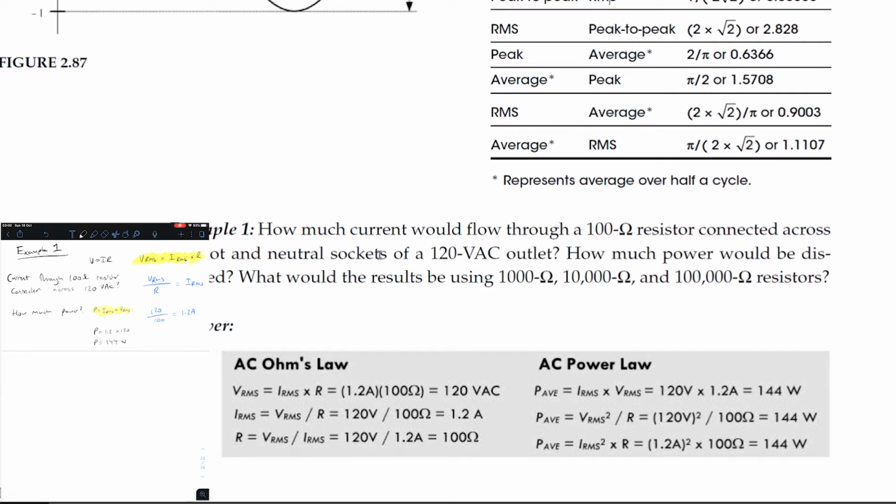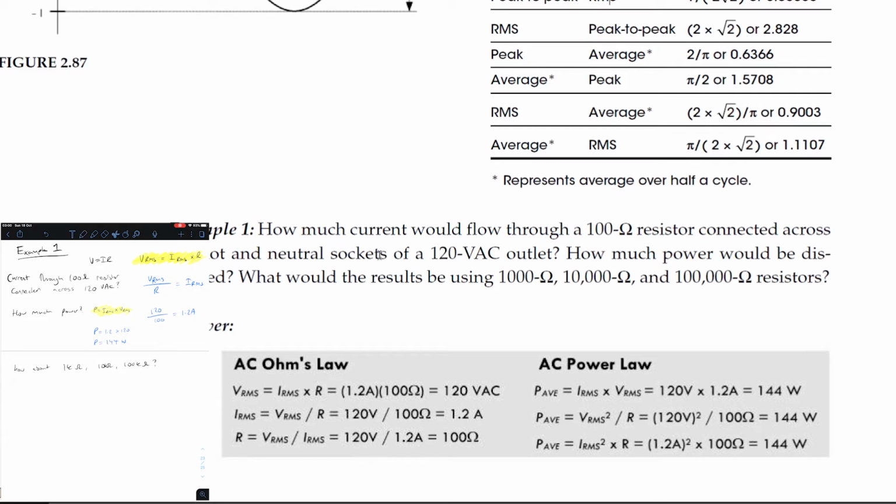Okay, so let's just make this bit blue again. And then we can say 1K ohms, 10K ohms, and 100K ohms. Is that correct? 10K, 100K, yeah.